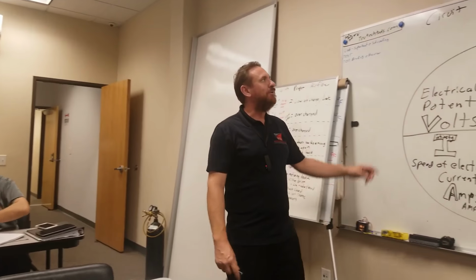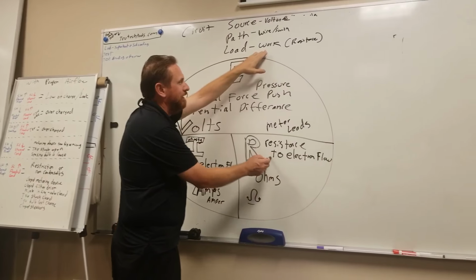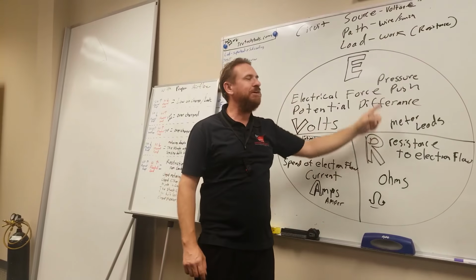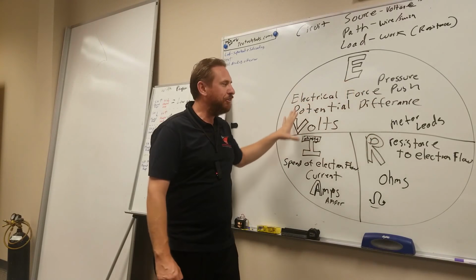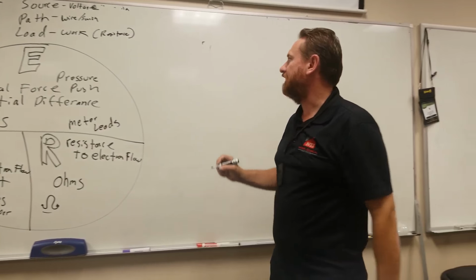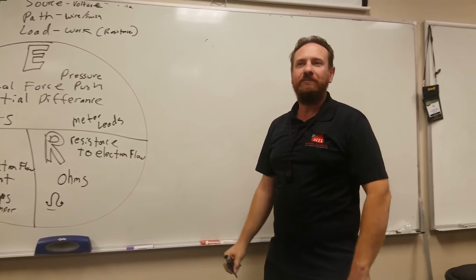Okay? So I have my source, which is my voltage. I have my resistance, which is my load, and my path, my wires, and it makes all three of these happen together. All three of these together is electricity. If somebody asks you, this is also called Ohm's law.